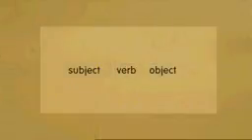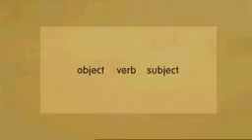Most English sentences use the active form, that's subject, verb, object. But in the passive, sentences begin with the object of the verb. Object, verb, subject. In this sentence, we know that drain off is the verb, you is the subject, and the liquid is the object.